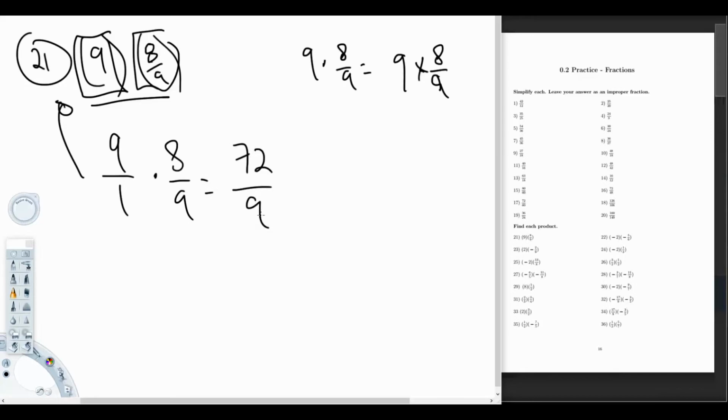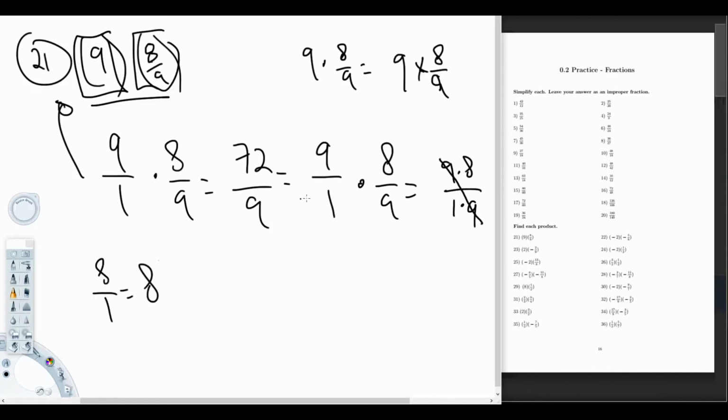But if you think about what we were doing, 9 over 1 multiplied by 8 over 9 equals 9 times 8 over 1 times 9. So you can take out the 9 right away and you're left with 8 over 1 or 8.